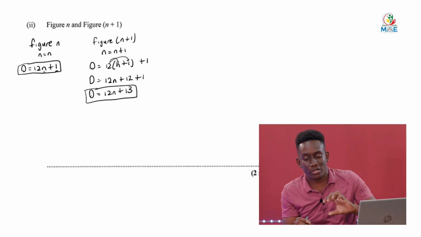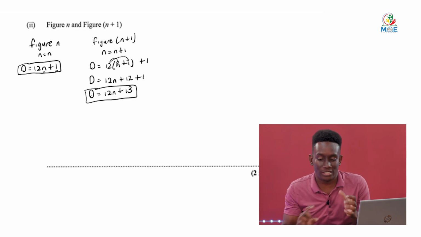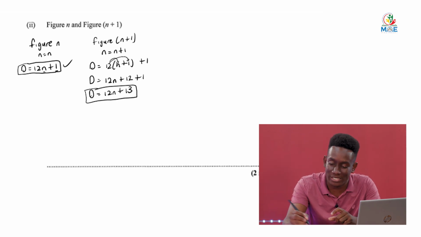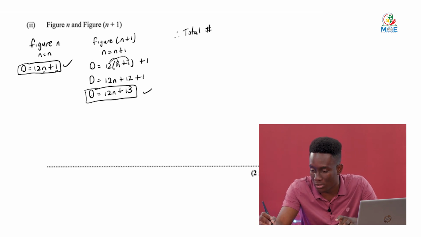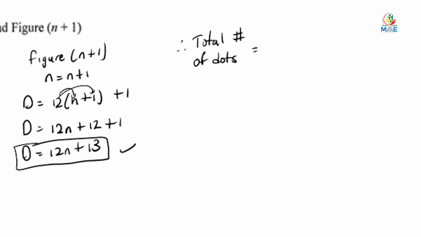So remember, in order to find the number of dots in these two figures, you just add this and this together. Therefore, the total number of dots would be equal to 12n plus 1 plus 12n plus 13. So we do some algebra.